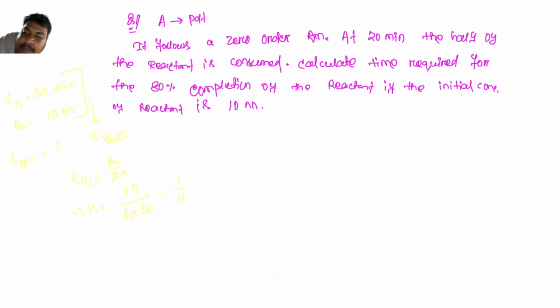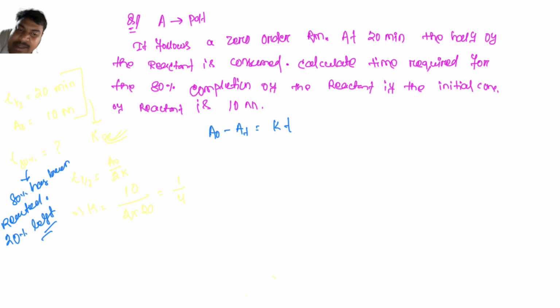Now with the rate constant, it is saying calculate t 80%. See, t 80% means 80% has been reacted, and we are left with 20%. So now if we write the equation, it will become A naught minus A_t equals k t, whereas we need to calculate t.